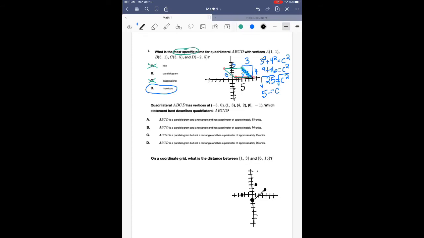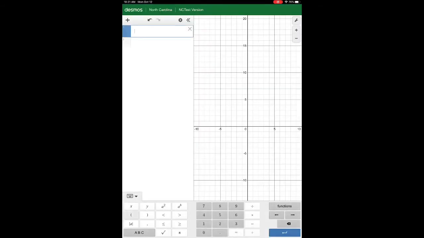Okay, so I can connect them. I can see that it does have some slant to it, and I would not necessarily say that it is a rectangle. However, you can always graph it in Desmos and see if your pieces are a little bit more accurate.